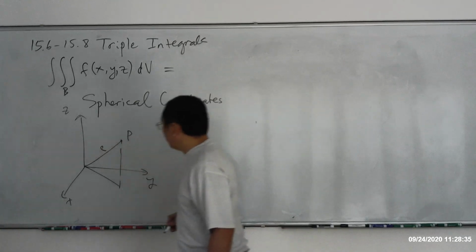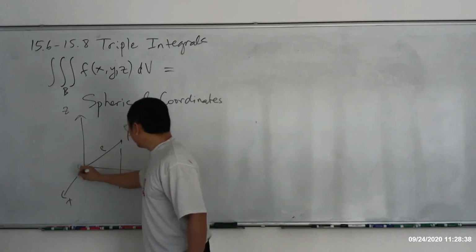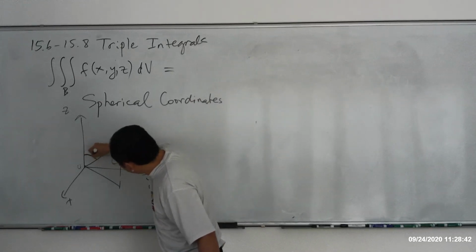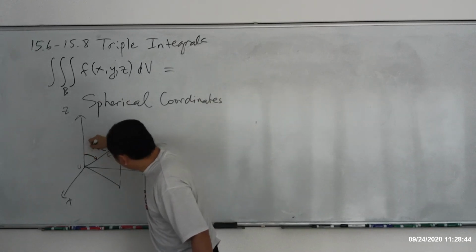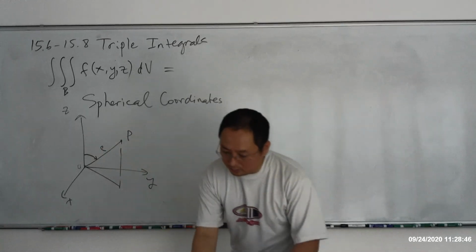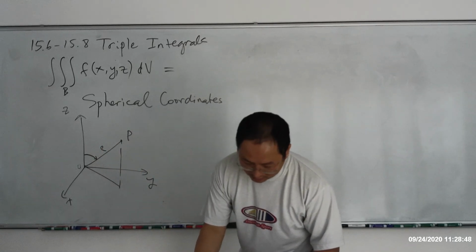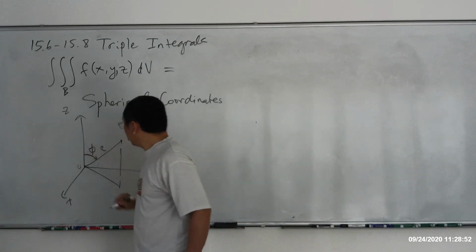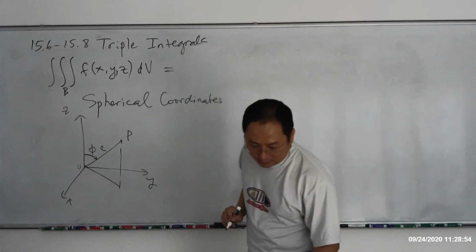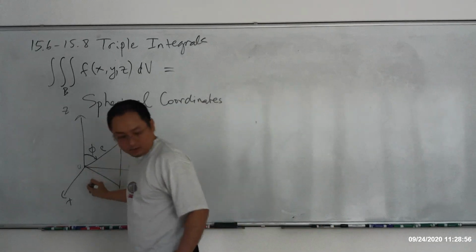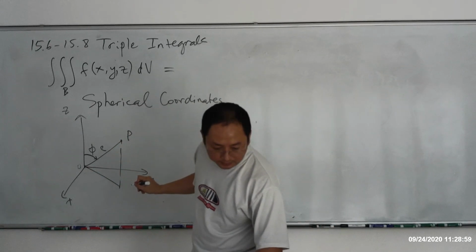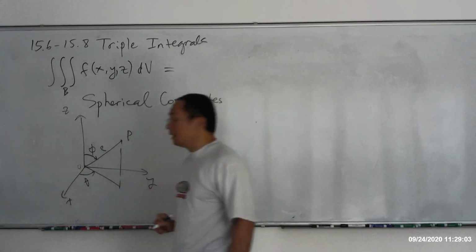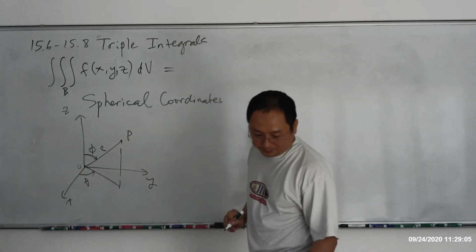Rho represents the distance from the origin directly to the point P. This is the angle from the z-axis, which I think is called phi. This basically follows the notation that the book used, and I'll try to use the same. And this is the angle theta, as we know already in the polar coordinate.